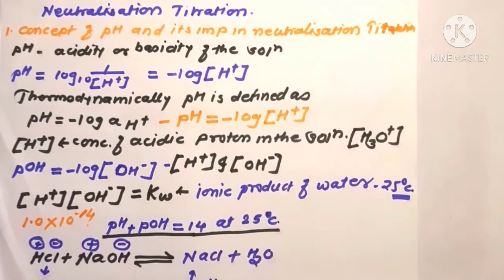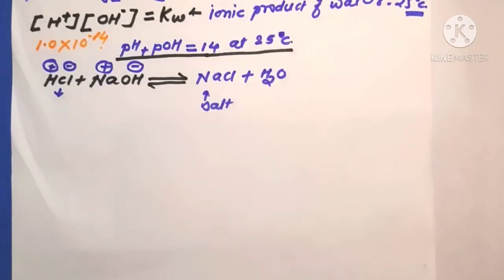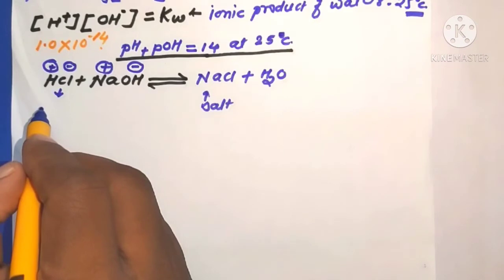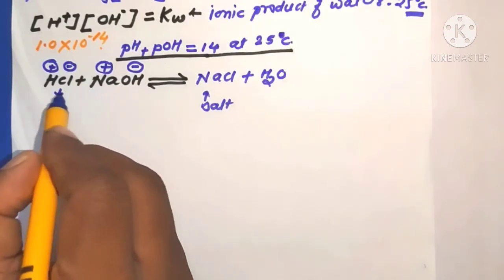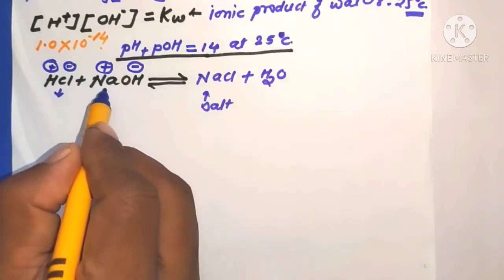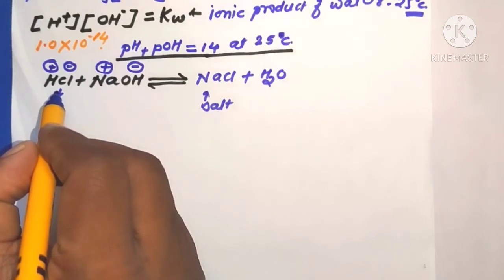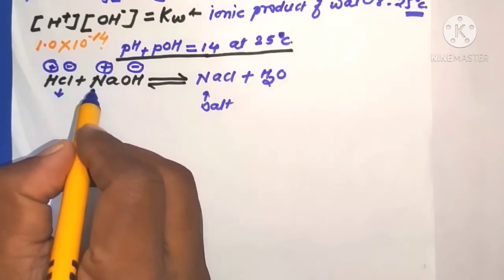Neutralization titrations are those titrations in which acid gets neutralized, giving salt and water molecules. In acid-base titrations, the acid gets neutralized by the continuous addition of base.